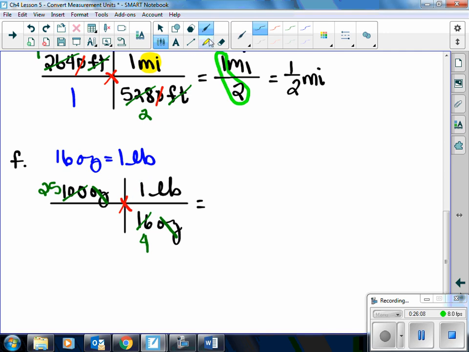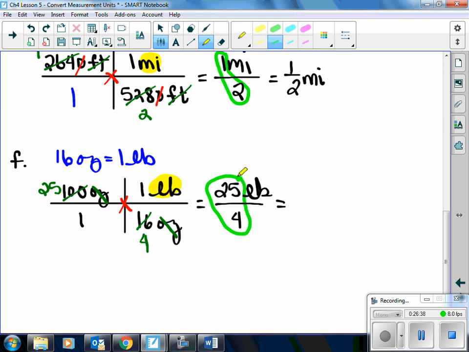What are my units? Pounds, right? So we have 25 pounds over 1 times 4, 4. So when I simplify that division right there, we have 25 divided by 4.